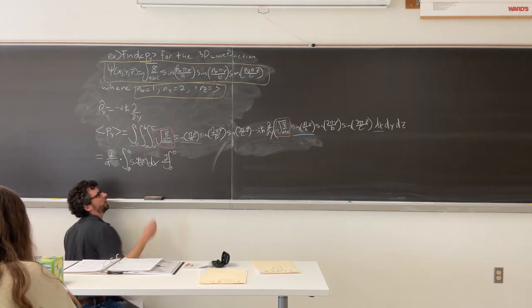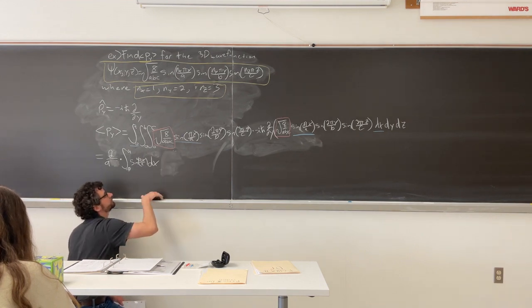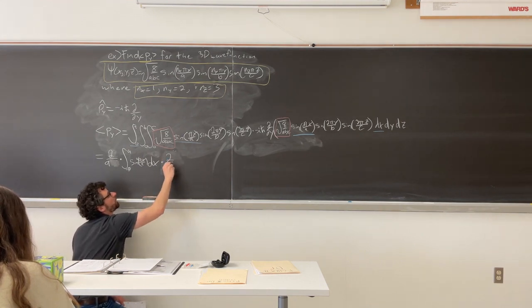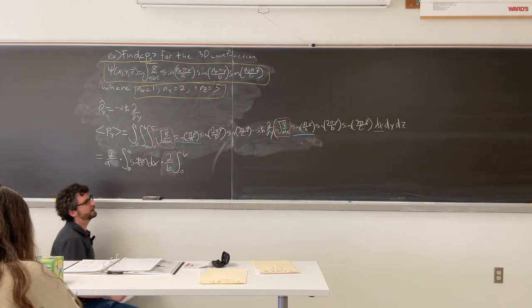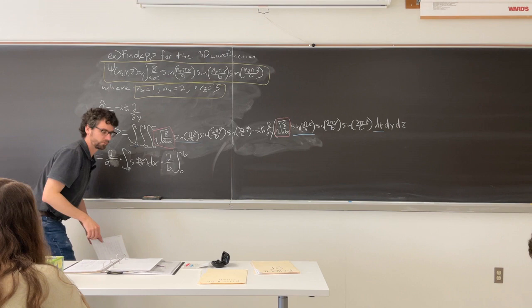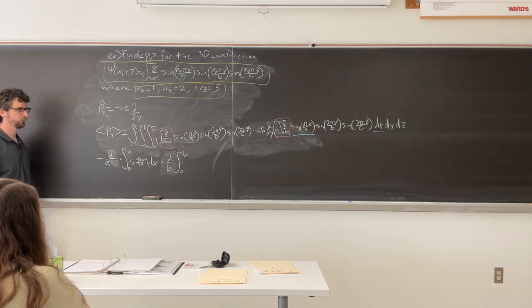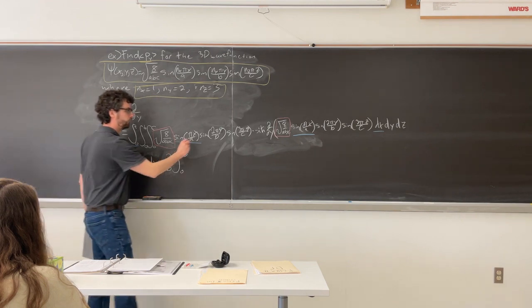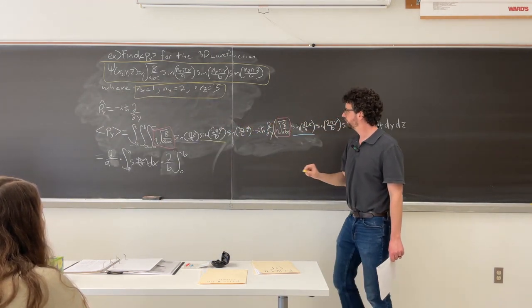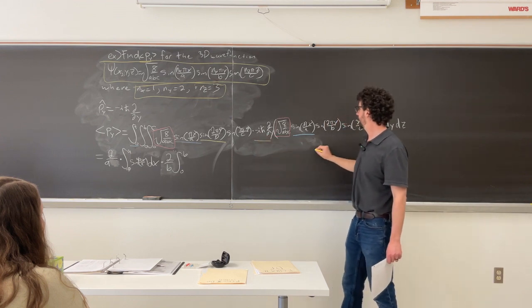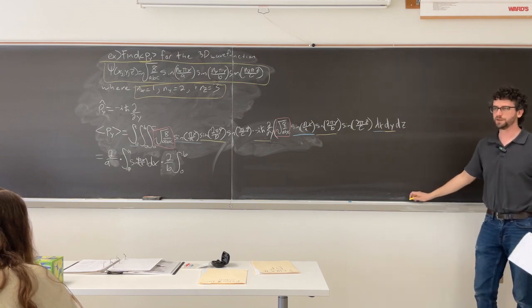We're going to have 2 over what is our normalization constant here? Yep. Okay, what has to go in there? Yep, this thing, that guy, and the dy.